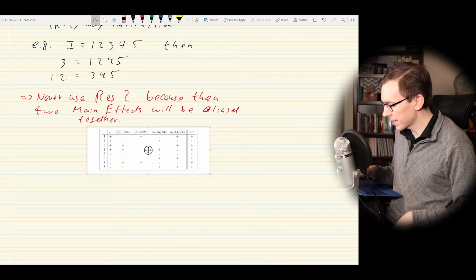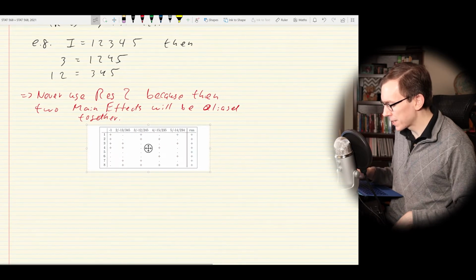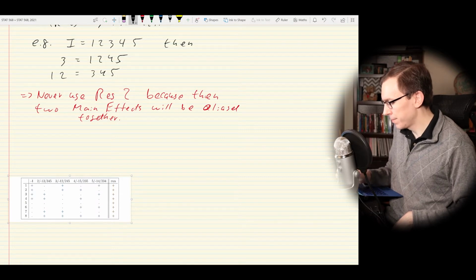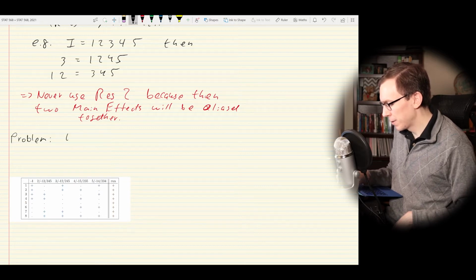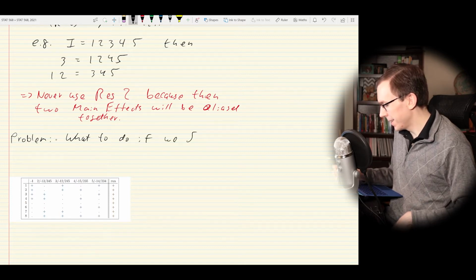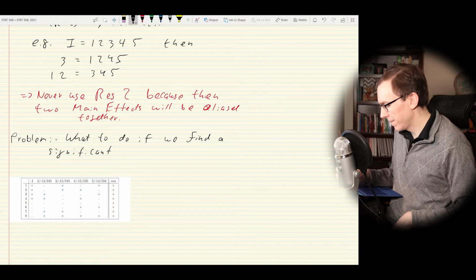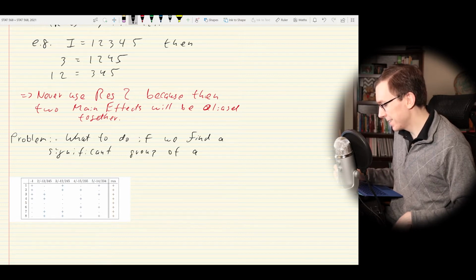The next thing I want to discuss is the idea of follow-up designs and de-aliasing. So the problem is: what to do if we find a significant group of aliased effects?